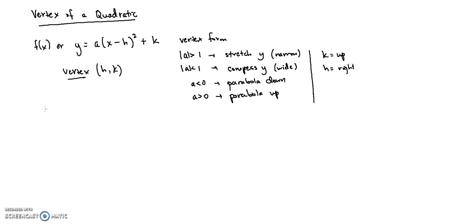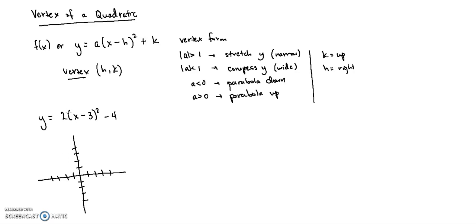So let's look at an example in vertex form. Let's say we have y is equal to 2 times (x minus 3) squared minus 4. So in the last few videos, we talked about transformations and what this is going to do to the graph. So the 2 out front, that's going to make it a stretch.